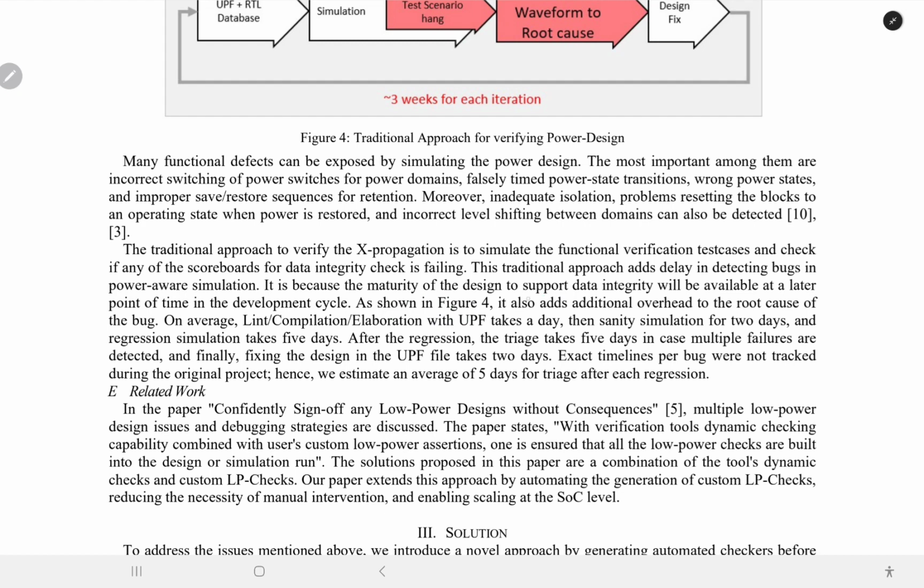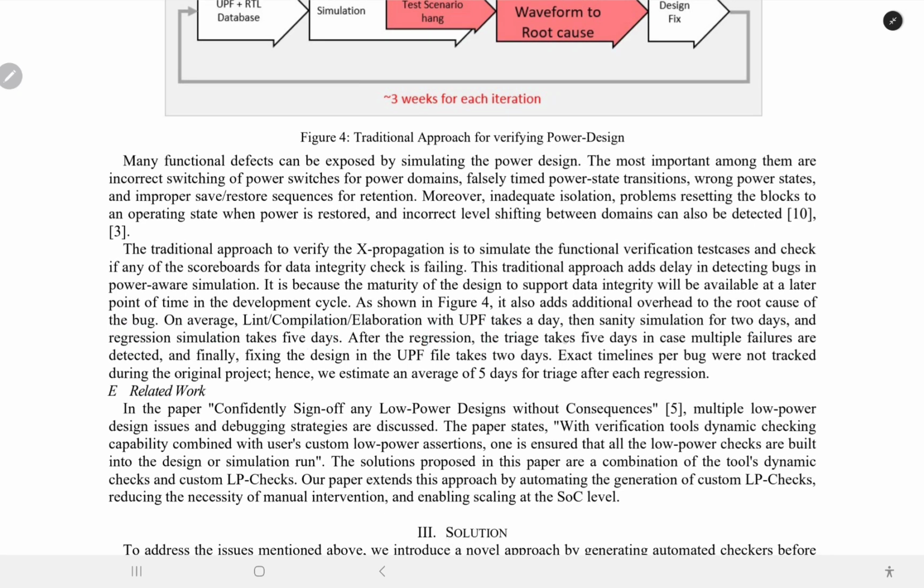As shown in Figure 4, it also adds additional overhead to the root cause of the bugs. On average, lint, compilation and elaboration with a UPF takes a day, and then the simulation takes 2 days, and a regression simulation takes 5 days.